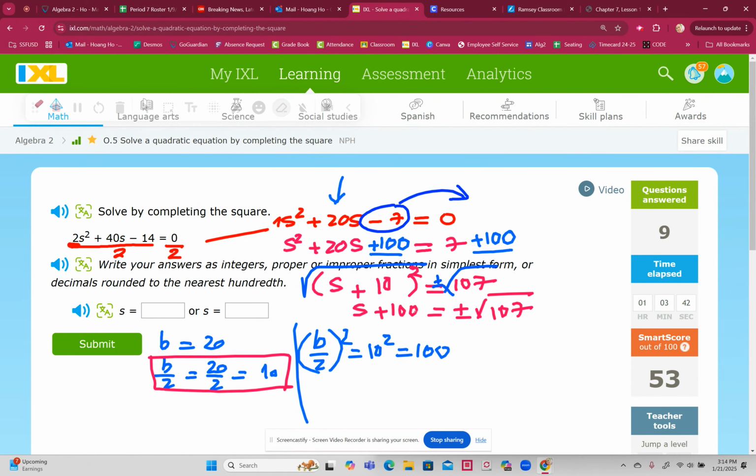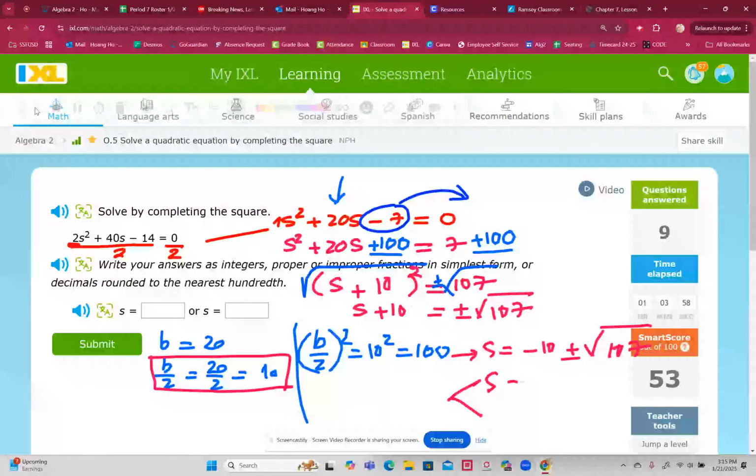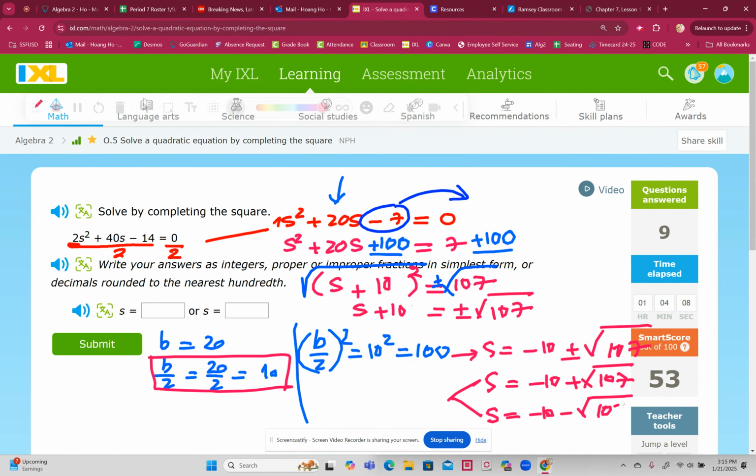So now, if I want to solve for s, the s should come out as negative 10 plus minus square root of 107. Okay? So two answers. One, negative 10 plus square root of 107. And then the second one is negative 10 minus square root of 107.